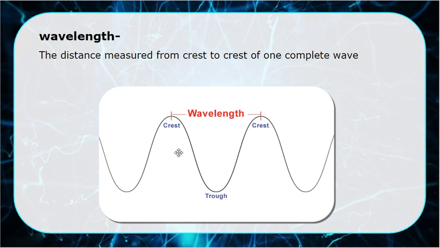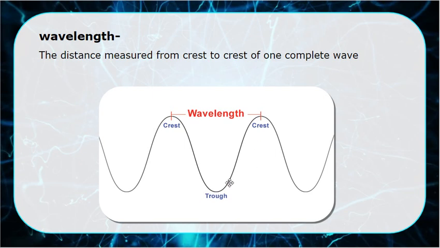So wavelength, when we're measuring how long a wave is, how do we actually measure that? Well, we pick a point on one wave, and then we pick the exact same point on a different wave. And in this definition, they're saying that the distance is measured from crest to crest.